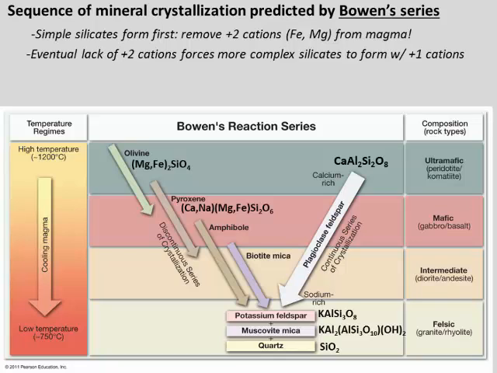Okay? So a final point is that crystallization is temperature dependent. These simpler silicates, the mafic silicate minerals, tend to crystallize at a higher temperature, and these more complicated silicates, the felsic silicates, crystallize at lower temperatures.